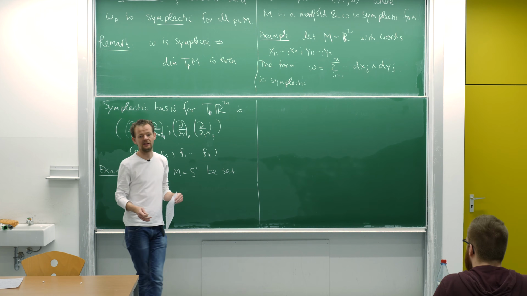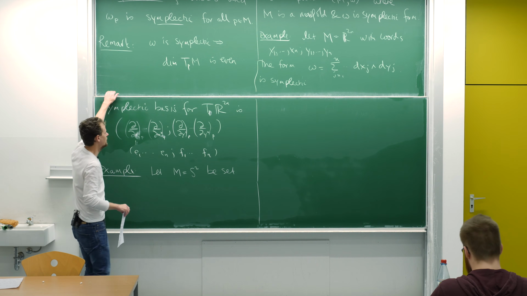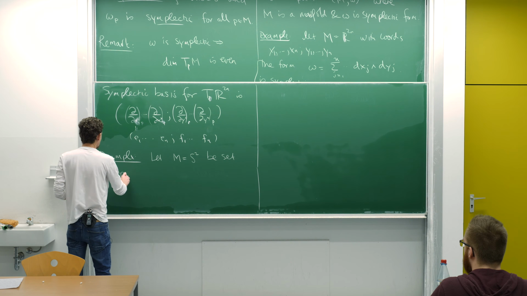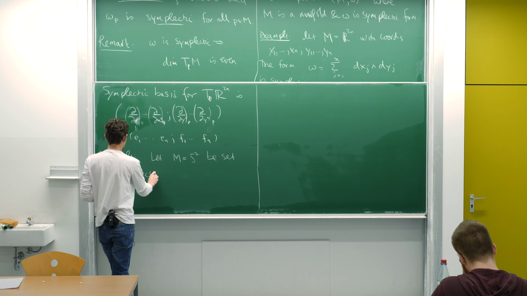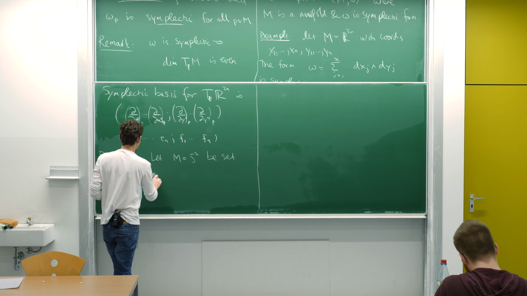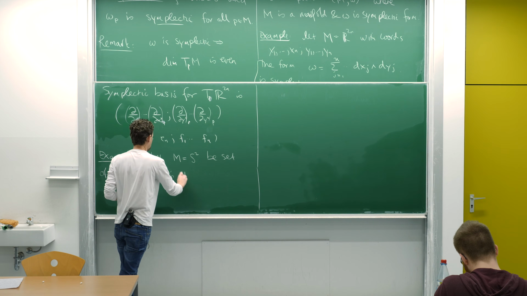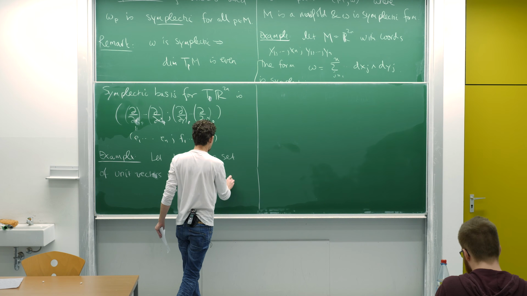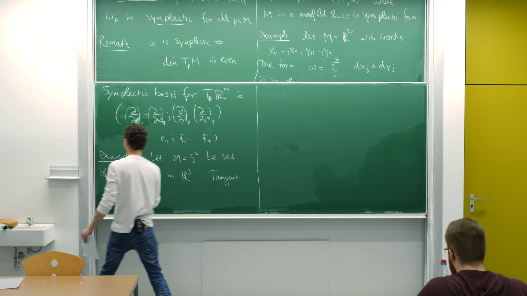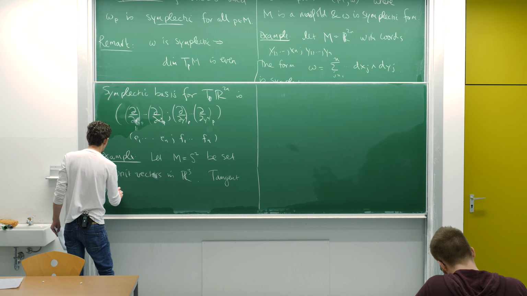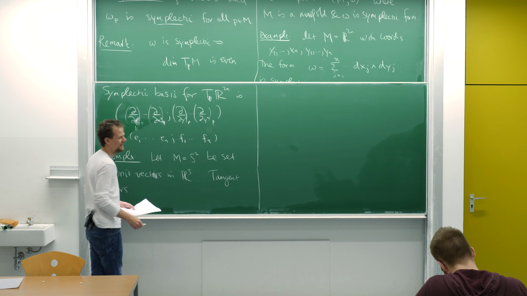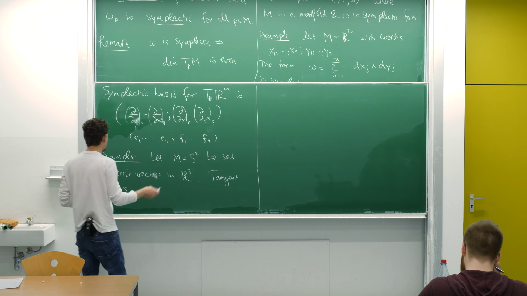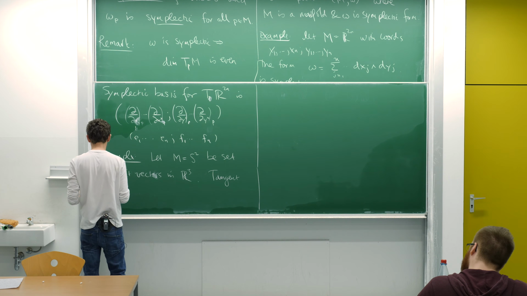We're going to realize it as an embedded manifold of R3. So it's just the set of unit vectors in R3, and tangent vectors, well, they are just vectors that are orthogonal to the unit vector pointing to the point on the sphere.